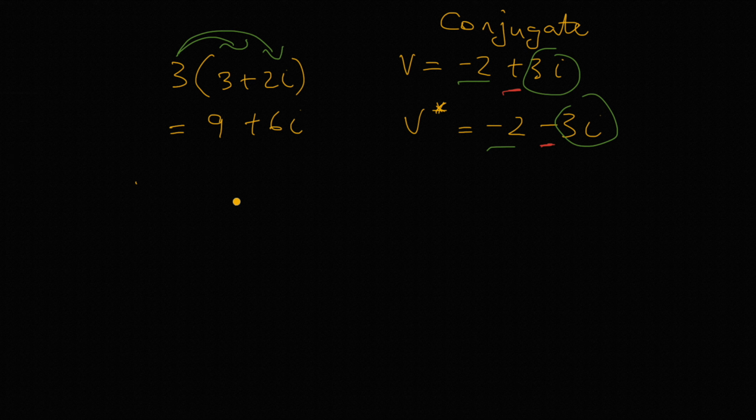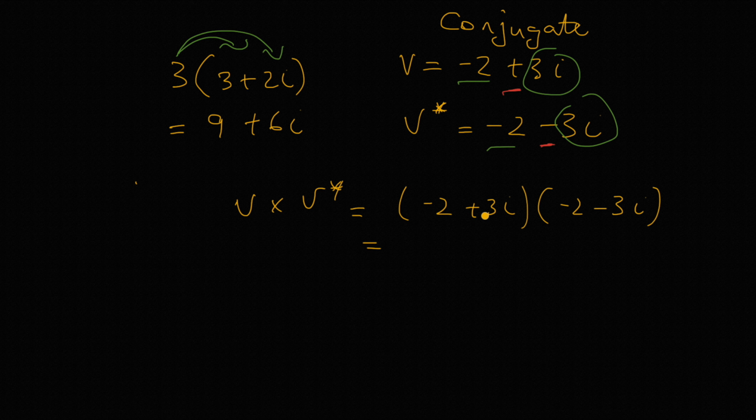There's a very important property that we get when we multiply the complex number with its conjugate. So let's see what happens. Minus 2 plus 3i times minus 2 minus 3i. If we multiply this, we use the same rule as we've looked at now. We have to multiply the first term with both terms and the second term with both terms.